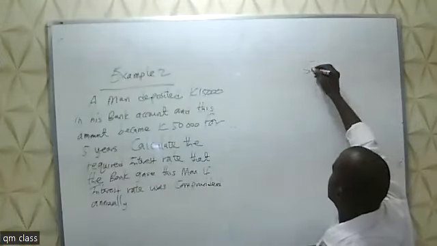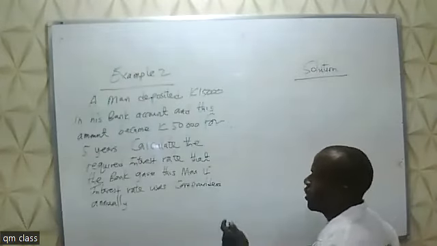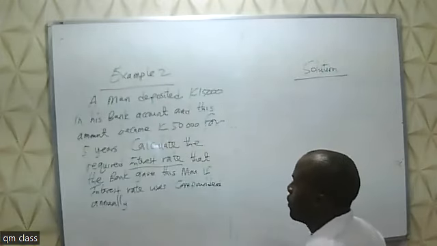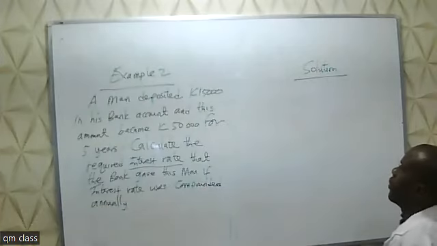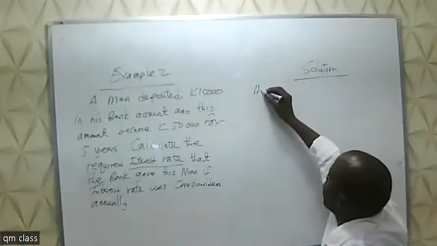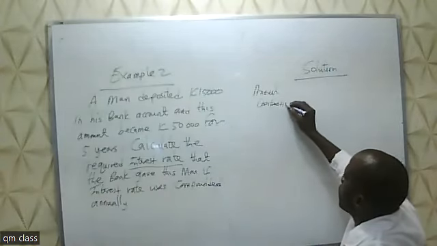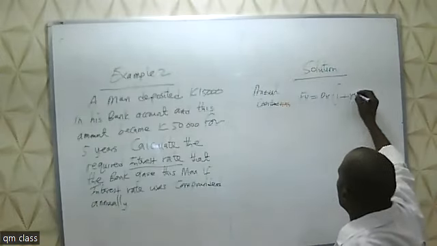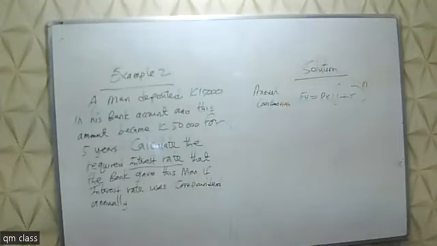They're asking us to calculate the required interest rate that the bank gave this man if interest was compounded annually. So we say annual compounding: future value equals present value times 1 plus r to the power n. Let's check what we've been given.